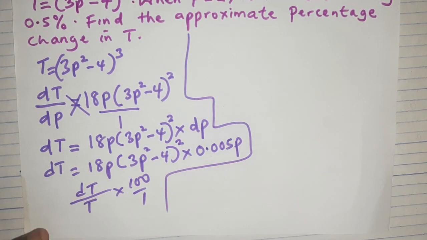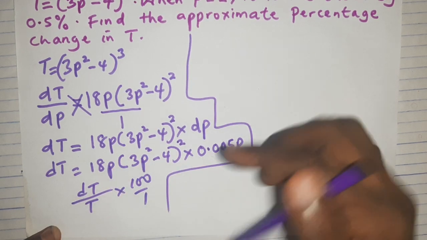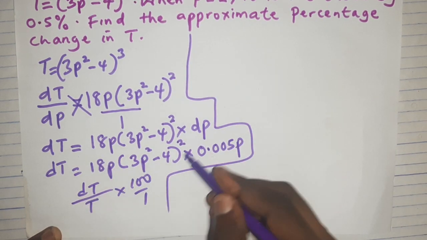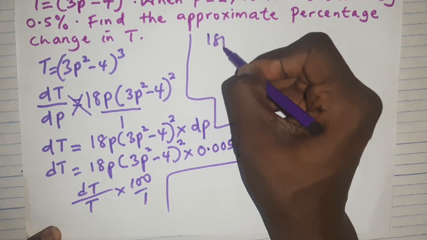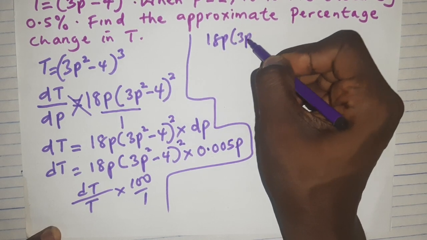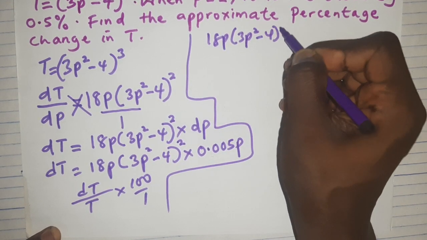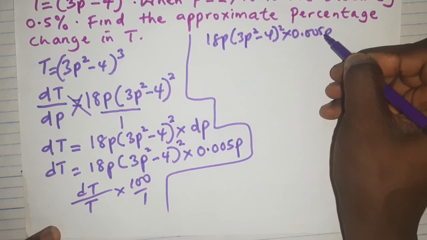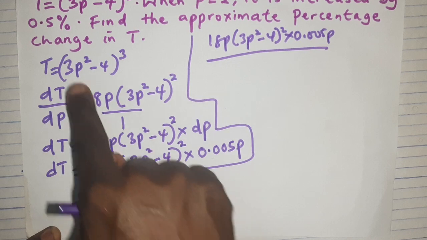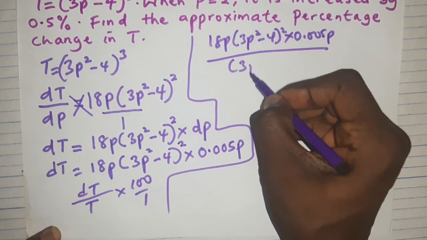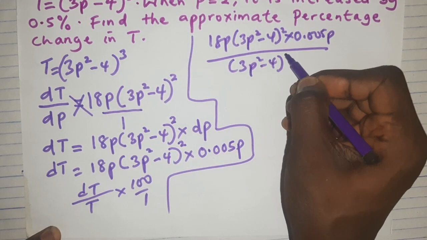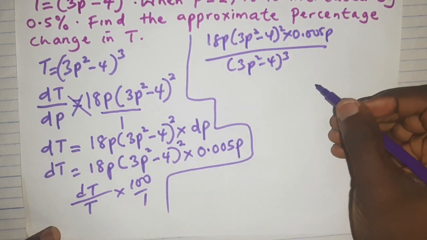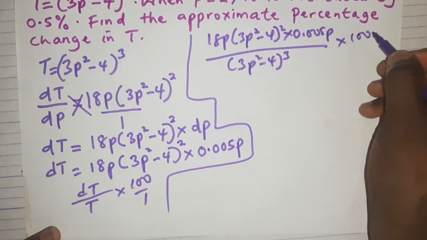So my dt is this whole value. So I want to fix this dt, this whole value. So I write 18p times (3p squared minus 4) squared times 0.005p over my t, which is this value here, that is (3p squared minus 4) raised to power 3, then times 100 over 1.